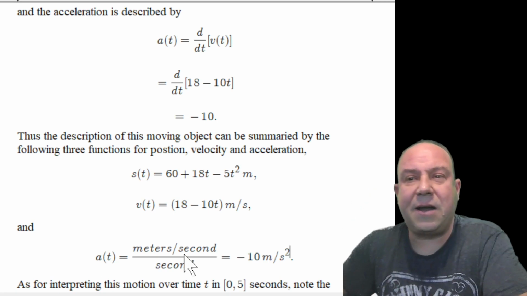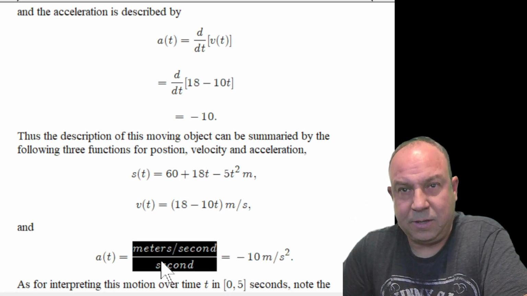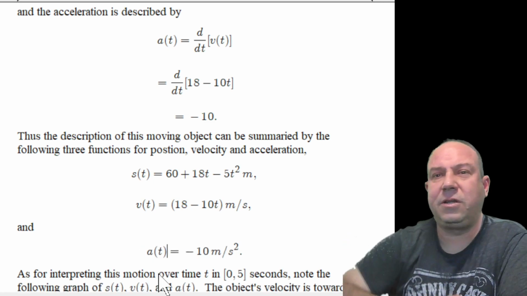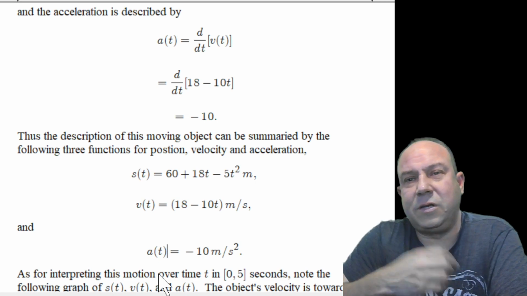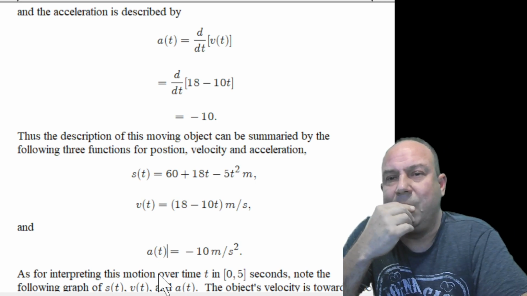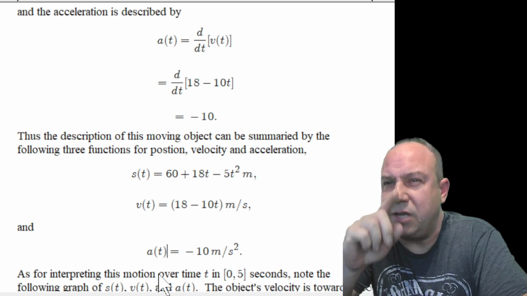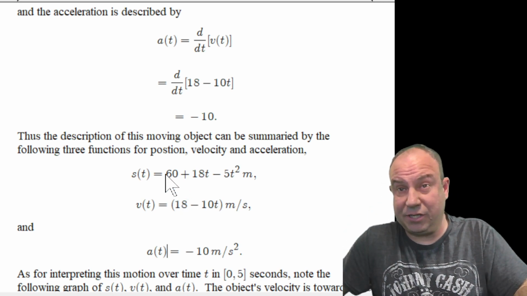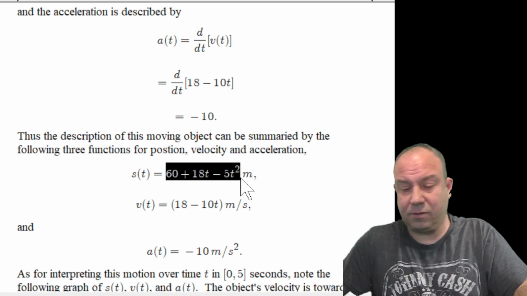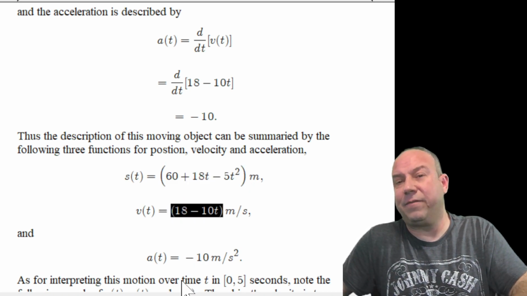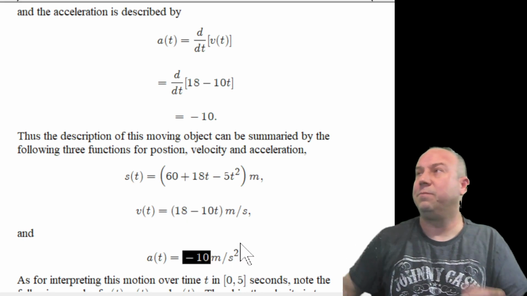So we label this out as meters per second squared. That's how we'll sometimes say meters per second per second. It's a little cleaner way. So these would be our labels for these descriptions of our position, this quadratic function, our velocity, this linear function, and our acceleration, this constant function.